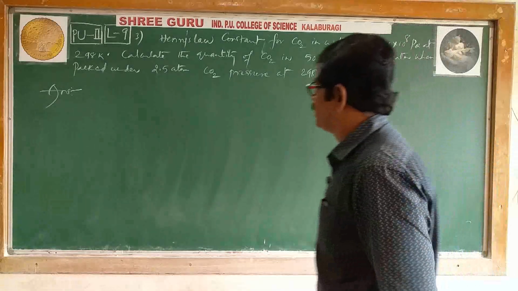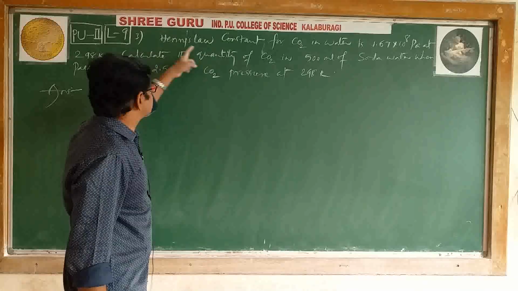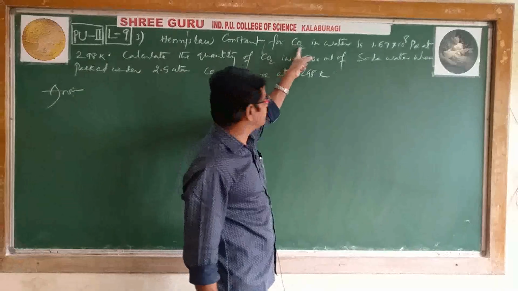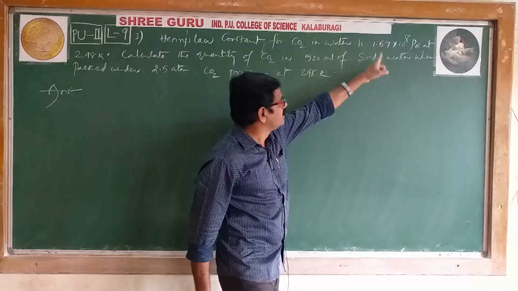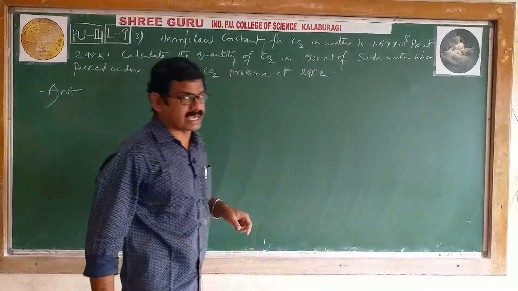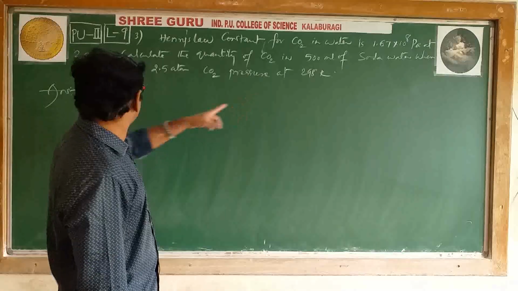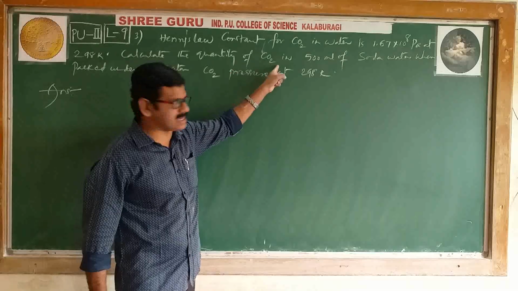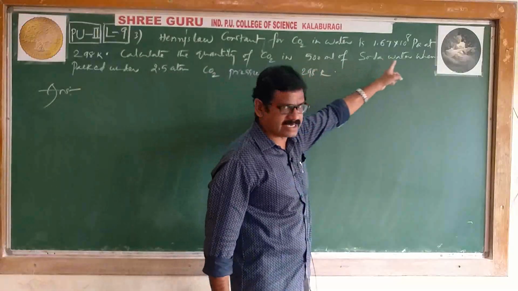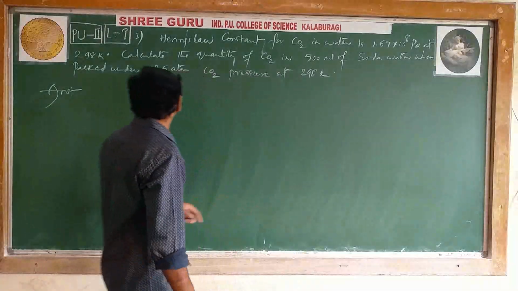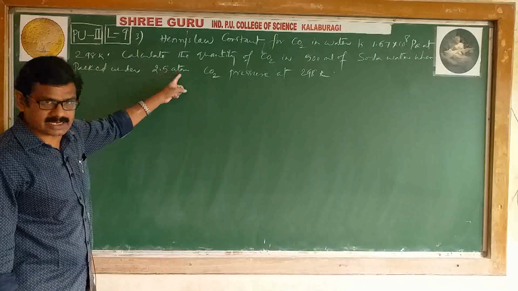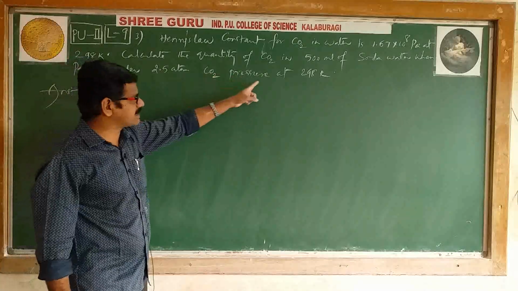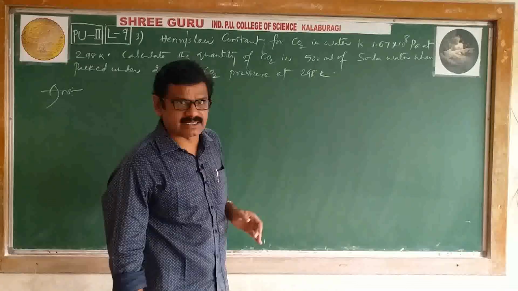Next question is like this. Henry's law constant for carbon dioxide in water is given as 1.67 into 10 to the power of 8 Pascal at 298 kelvins. Calculate the quantity of carbon dioxide in 500 milliliters of soda water when packed under 2.5 atmosphere carbon dioxide pressure at 298 kelvins.